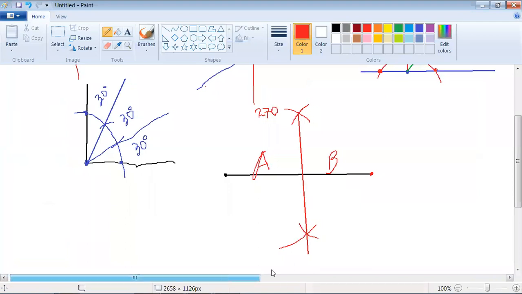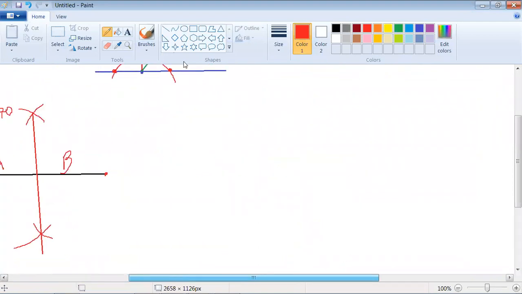Say, for instance, that we have this horizontal line, and we want to divide this line into 4 equal parts. The first thing we have to do is create an acute angle here, forming from the horizontal line.